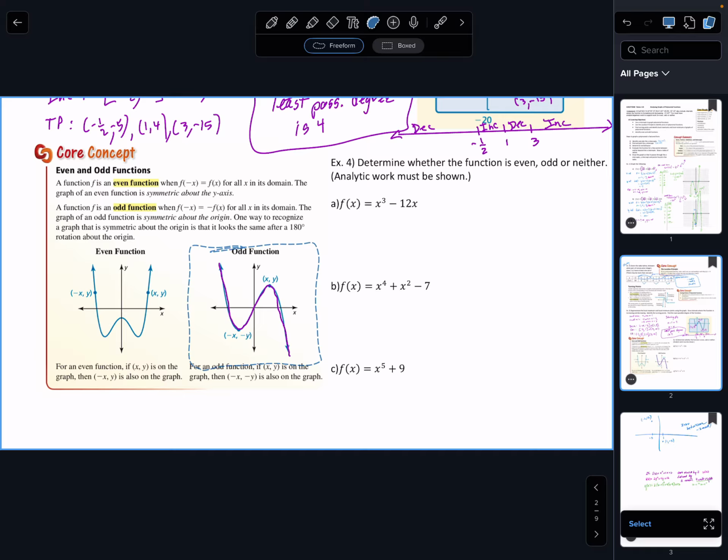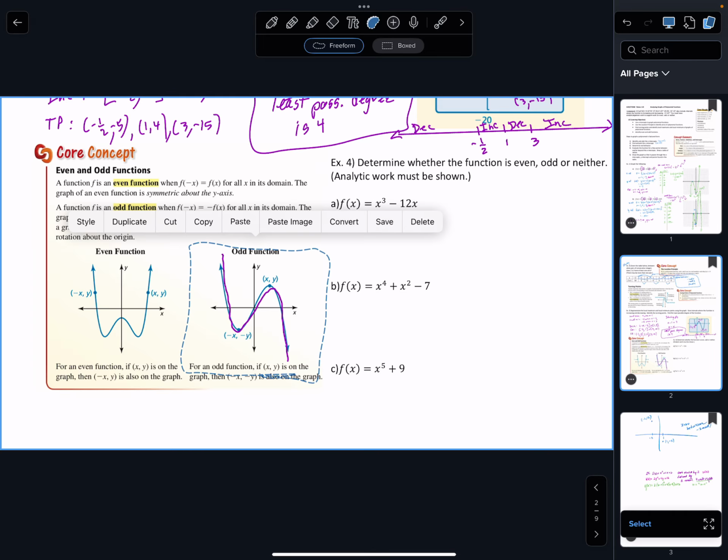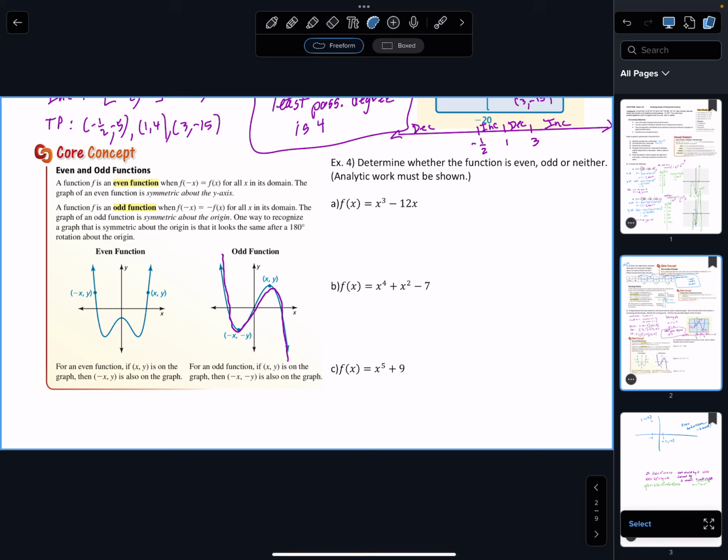So if I rotate this, watching, 180 degrees, it falls on top of itself. It looks exactly the same. That is rotational symmetry with the origin. And that's an odd function. Now, algebraically, when you replace x with a negative x, you get out the opposite of what you started.